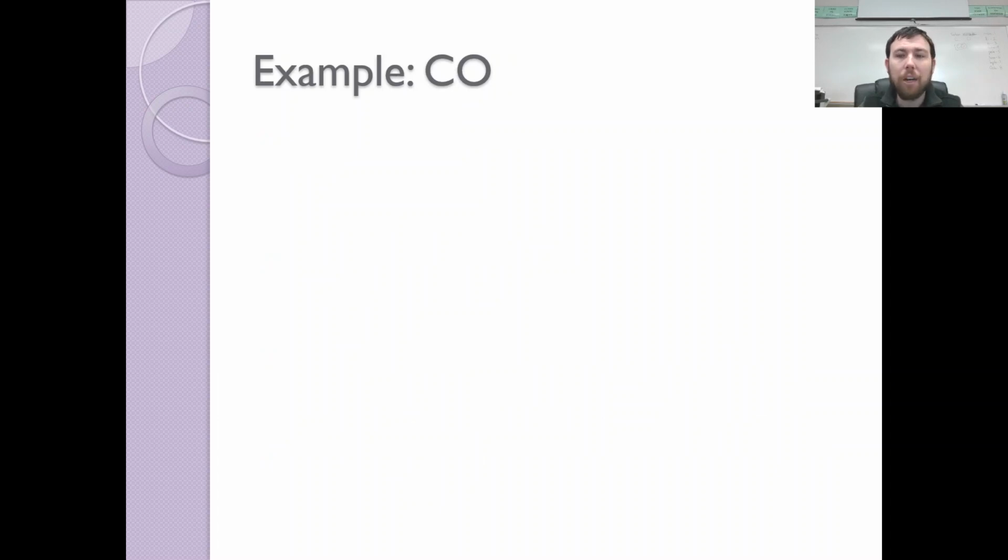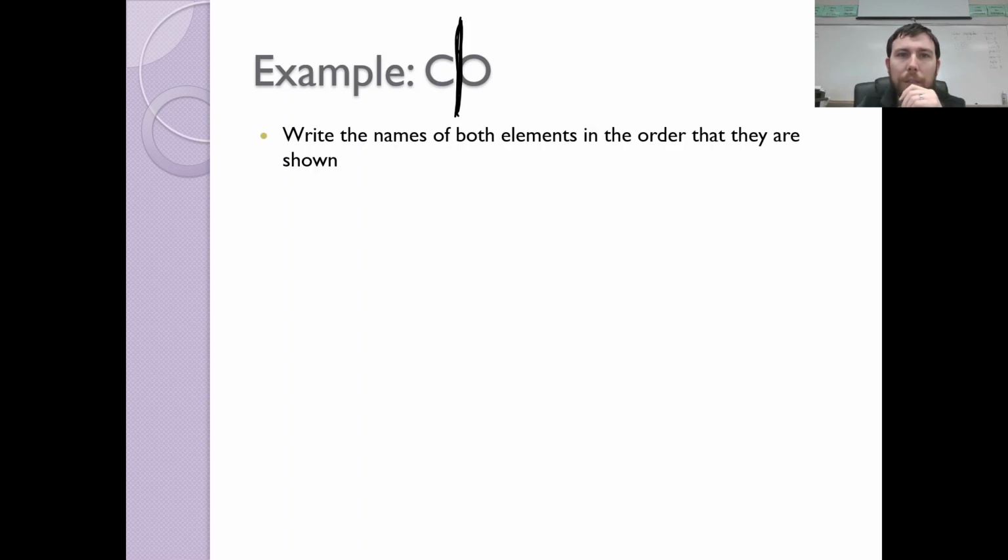All right, we got CO. Again, it's covalent. We've got carbon and oxygen. They're both nonmetals. We want to split that in half so we can identify what are the two elements. So you got C and O. Now, first thing we're going to want to do, write the names of both elements in the order that they are shown.